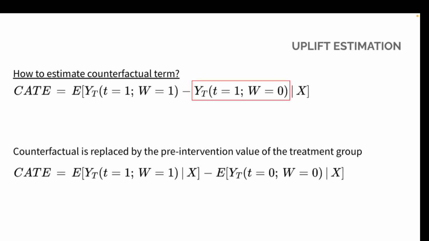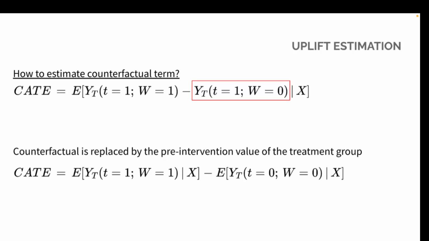And if I make this not so good approximation, I'm saying that the only reason why yt changed is due to the intervention. That's what I'm assuming. But that's not true, because even without my marketing campaign, my sales are going to change anyway.